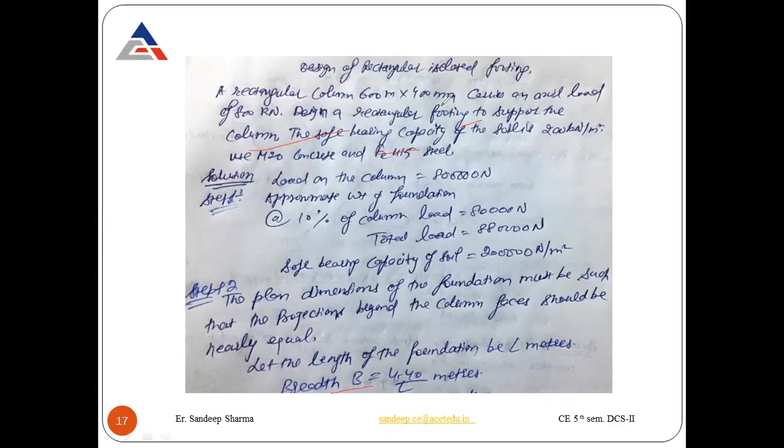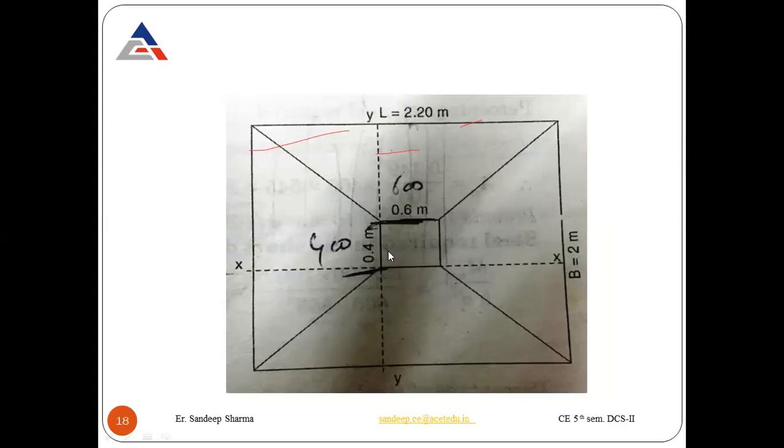Now we have to fix the length and width of the footing. The width will be equal to the area by length. In the figure, on one side we have 400 and on the other side 600 mm, that is 0.4 meter and 0.6 meter.